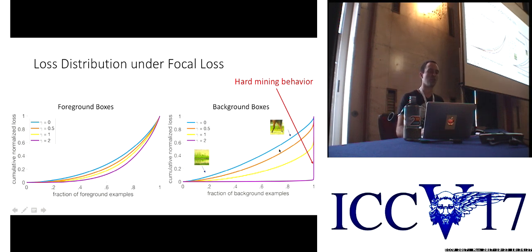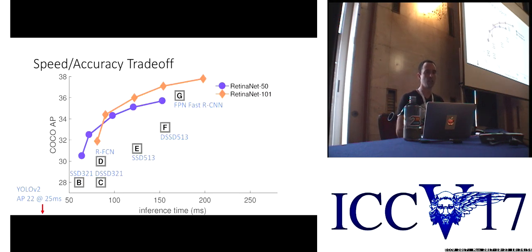But for the background boxes, as you move from cross-entropy, which really spreads out the loss amongst a lot of different locations, to focal loss, you end up having almost a delta function on a very small set of boxes, where all of the easy ones are given a very negligible amount of the loss. So this produces in a soft way a hard mining type behavior.